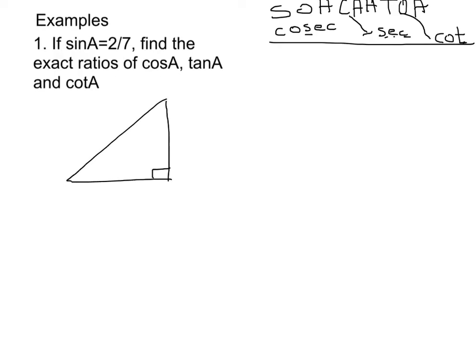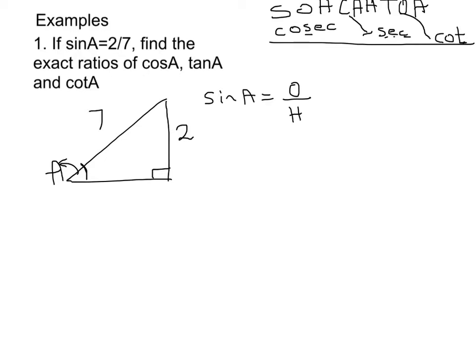Okay, and I'm going to call this angle here angle A. Now, we know that sine A is opposite over hypotenuse. So the opposite side of this is 2, and the hypotenuse is 7.